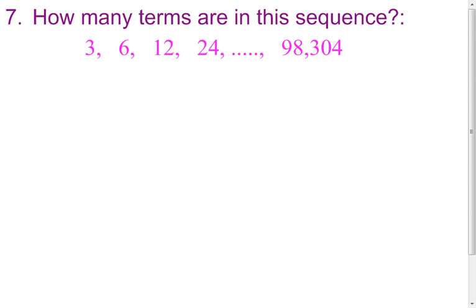All right, and one more. How many terms are in this sequence? So right here, I know that A1 is 3. Right here, I know that n is 2 and that A2 is 6. Right here, I know that n is 3 and that A3 is 12. Here, I know that n is 4 and that A4 is 24.